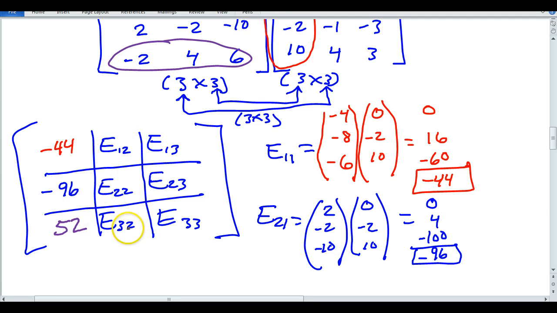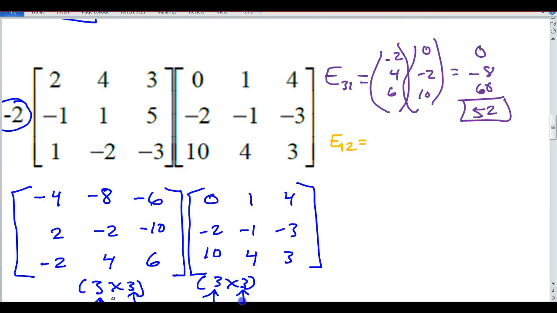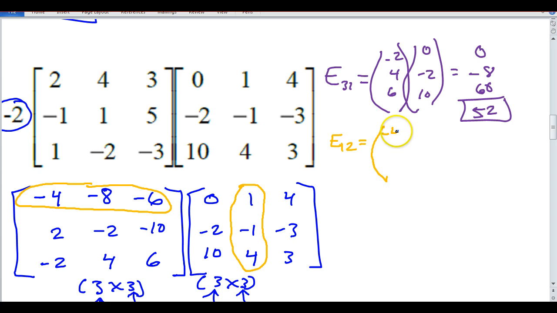Alright, I'm going to do the next one now, element 1,2. That's row 1, column 2. So this would be row 1, and this would be column 2. Negative 4, negative 8, negative 6, and 1, negative 1, 4.